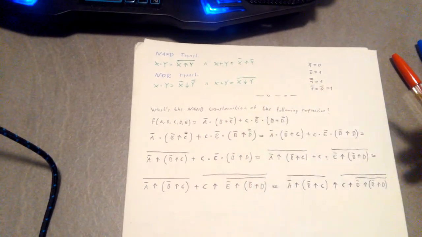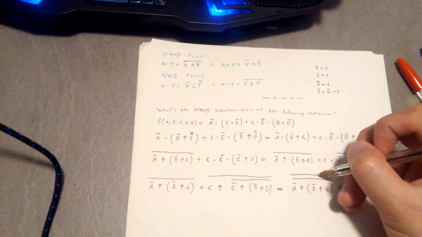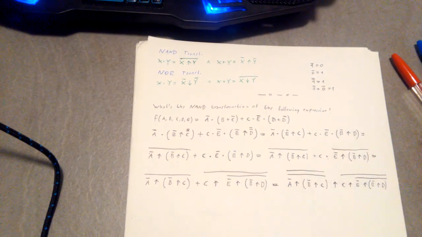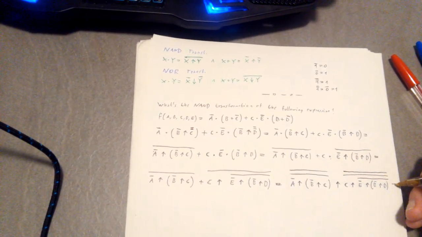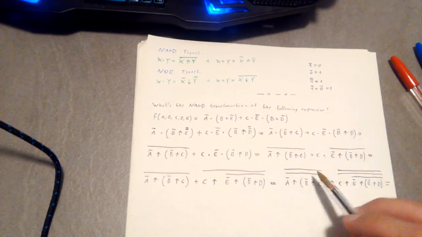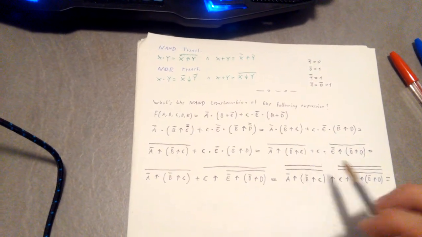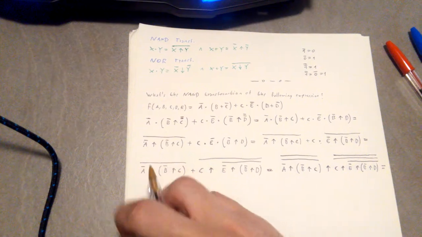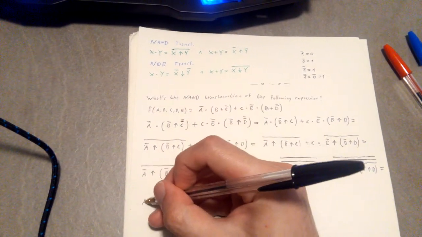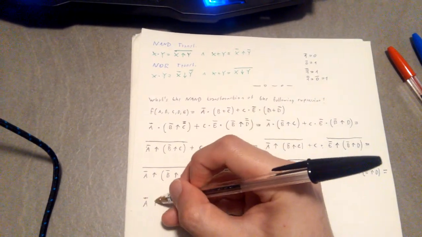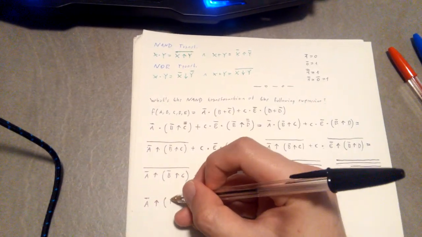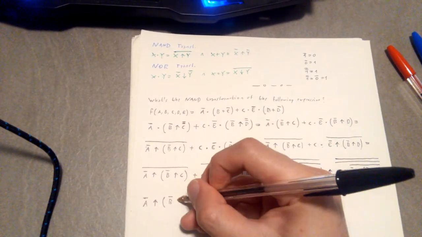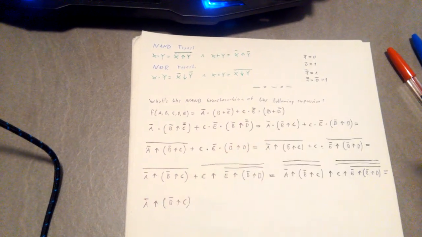But now we use this property, so we have to say with a naught here on the first member and a naught here in the second member. So now that we have a double naught here, we can get rid of this. So we have a naught with the arrow pointing upward, b naught, arrow pointing upward, c.